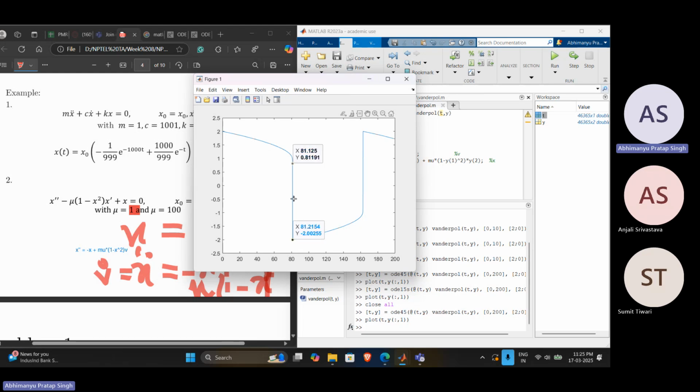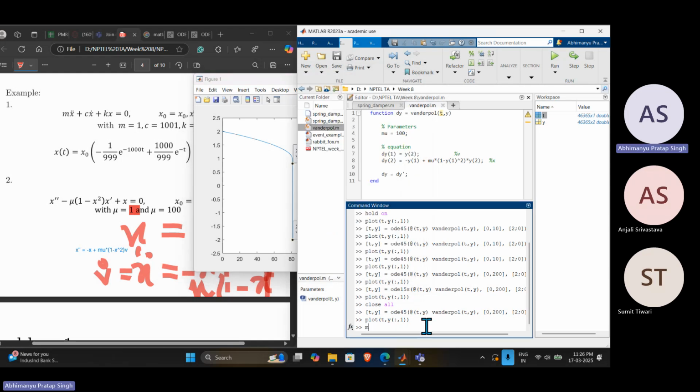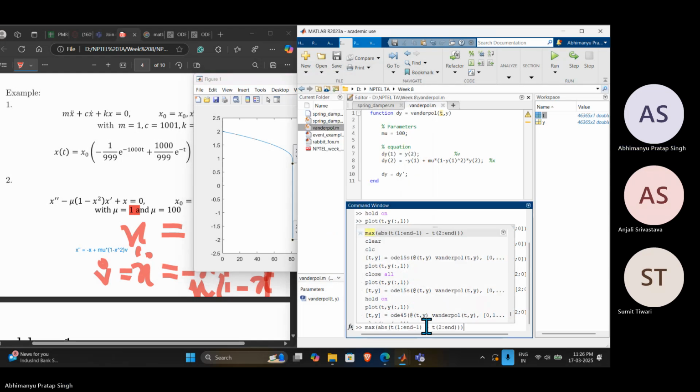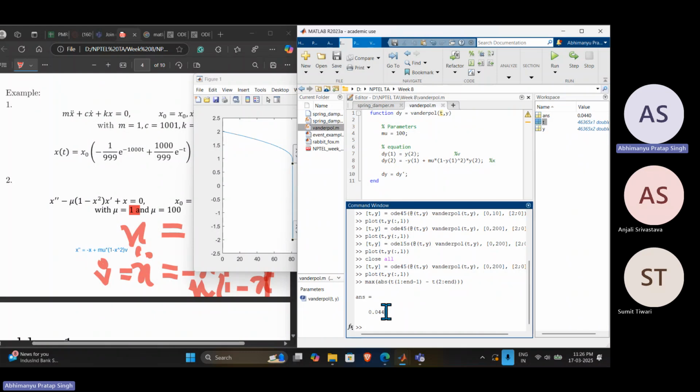Even though ode45 is taking very small time steps, very small values of h, it's taking 46,000 steps, but still I don't have any point in between these transient dynamics, right? If I calculate the maximum value of h, the maximum time step that it is taking is 0.04.